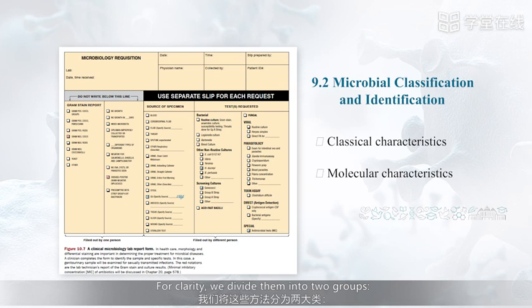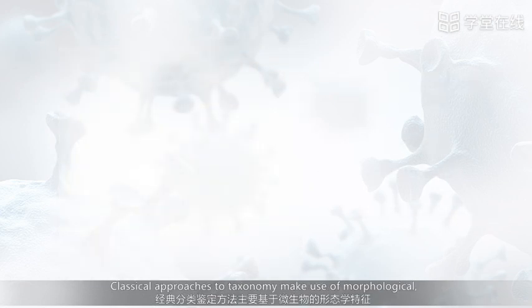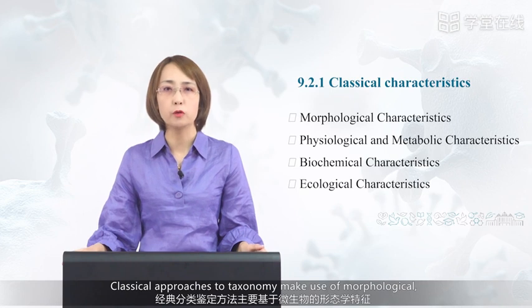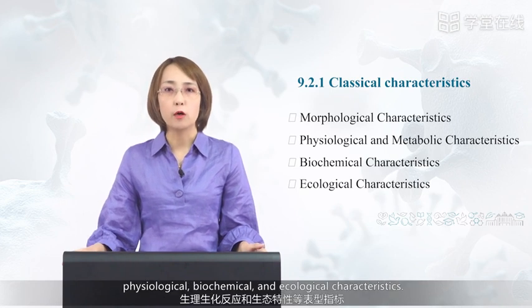For clarity, we divided them into two groups, classical and molecular. The most durable identifications are those that are based on a combination of approaches. Classical approaches to taxonomy make use of morphological, physiological, biochemical, and ecological characteristics.